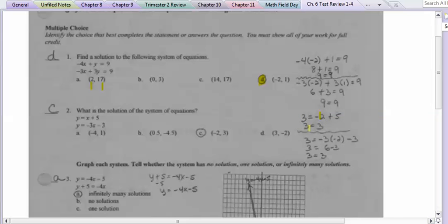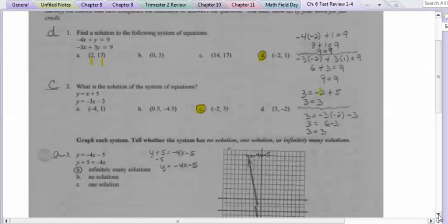Okay, that one works. Let's see if -2 will work for the bottom equation. So we have -3 and -2, that's positive 6. 6 minus 3 is 3, and it is, and that's my answer choice for number 2. Since there were no specific directions, I could do it that way since it's multiple choice.